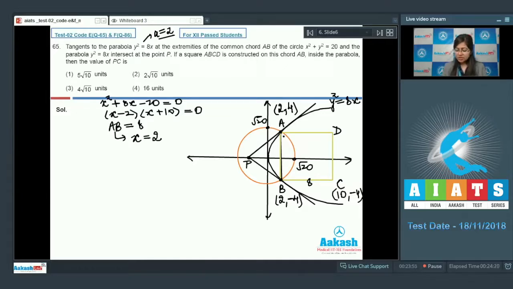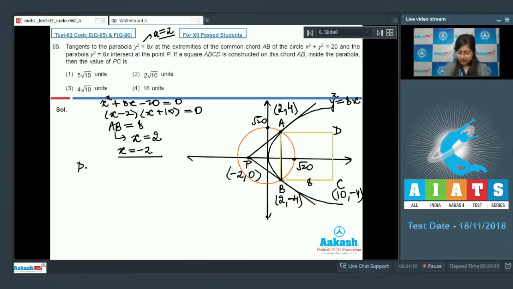Now we know that when we draw tangents at the extremities of the latus rectum of a parabola, then they meet at the directrix. That is, P is the point lying on the directrix of the parabola, and the equation of directrix of the parabola is x equal to minus a, that is x equal to minus 2. Therefore, we can say that the coordinates of P are minus 2, 0.